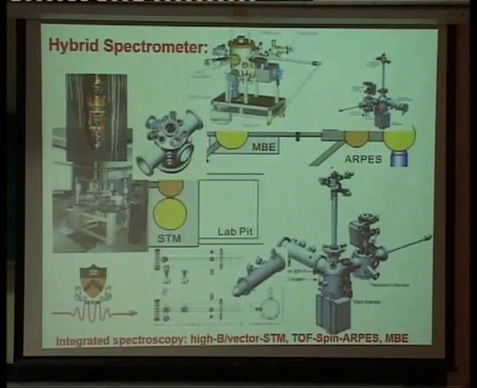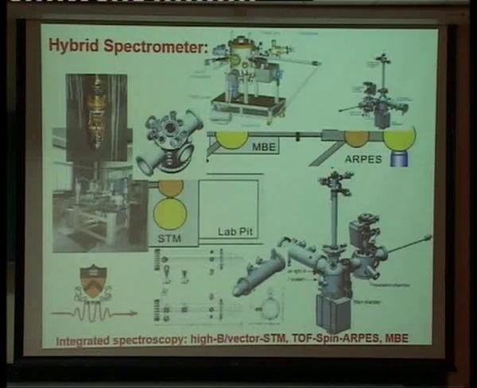So it turns out whenever there is a new physics, you need new instruments, because the instruments you build are not necessarily optimized to study certain types of physics. So we're getting into new development. We're developing this hybrid spectrometer at Jadwin Hall in Princeton to combine high field vector STM with ARPES, which is the usual stuff I do, in this case with time of flight, and then connect it through an MBE chamber.